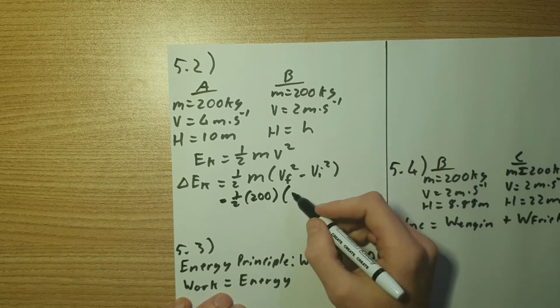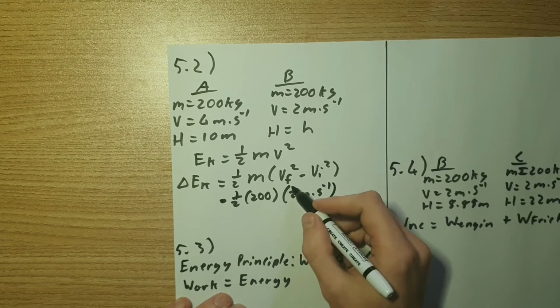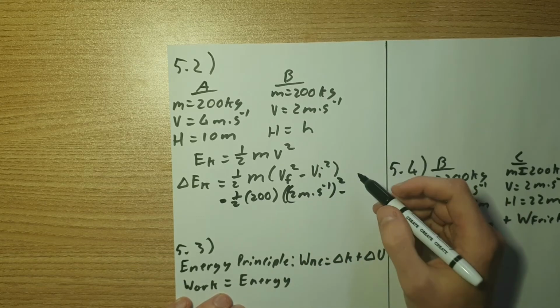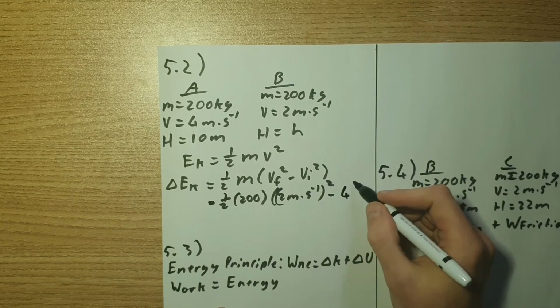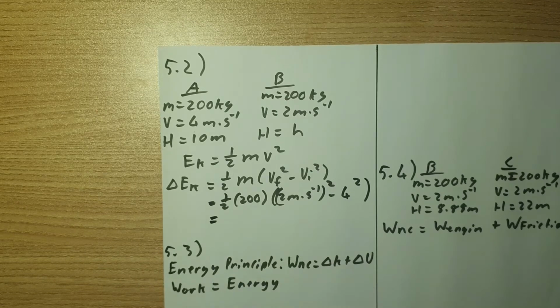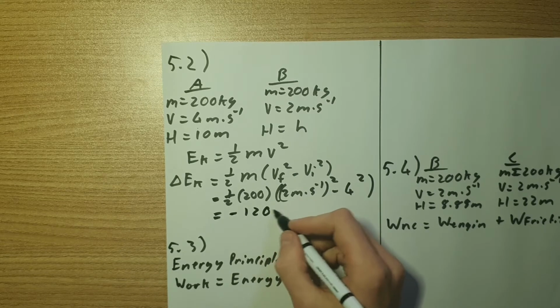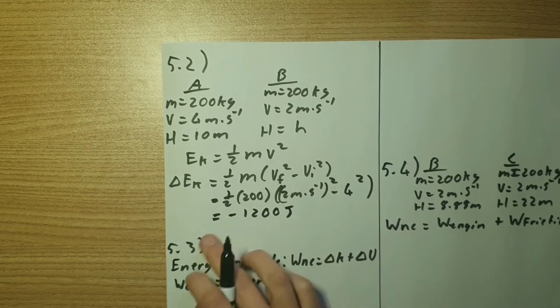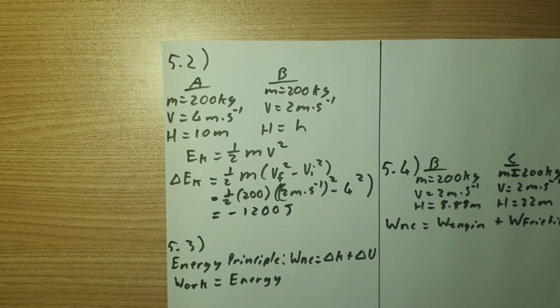V final was 2 meters per second, negative 1, and that's all going to be squared, minus my initial velocity, which is 4 meters per second, squared. If we plug that into our calculator, we should get a total of negative 1200 joules. Interpreting this, the energy is negative, therefore energy has been lost in this system.